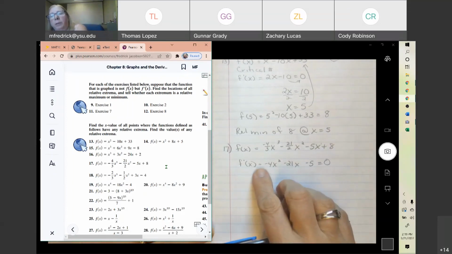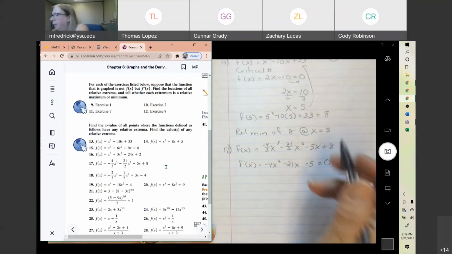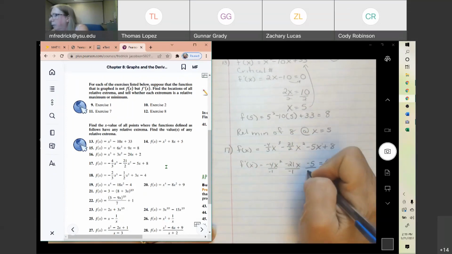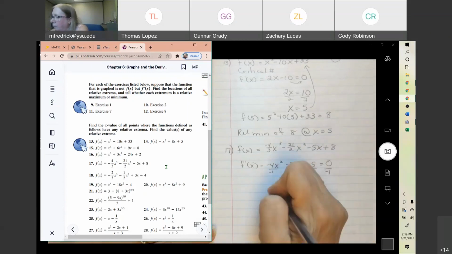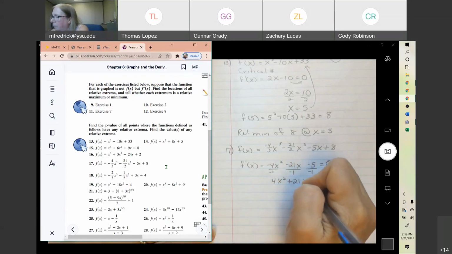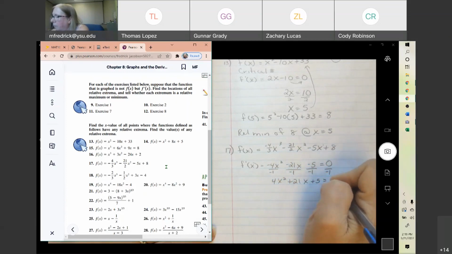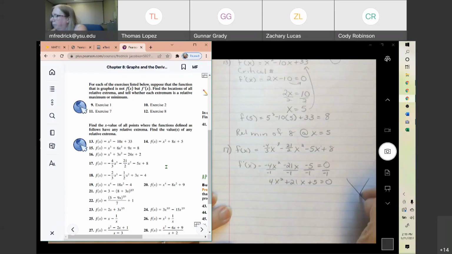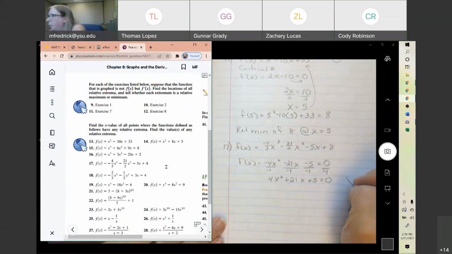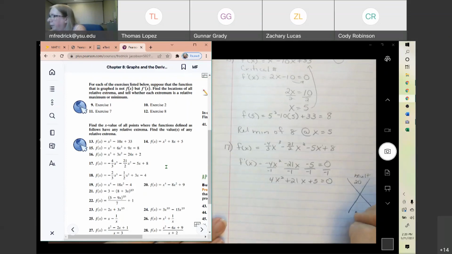I probably would, because they're all negative, divide by a -1 first to get rid of so many signs. And then, because there's a number in front, 4 times 5 is 20. We want to multiply to get 20 and add to get the middle term, which is a positive 21.